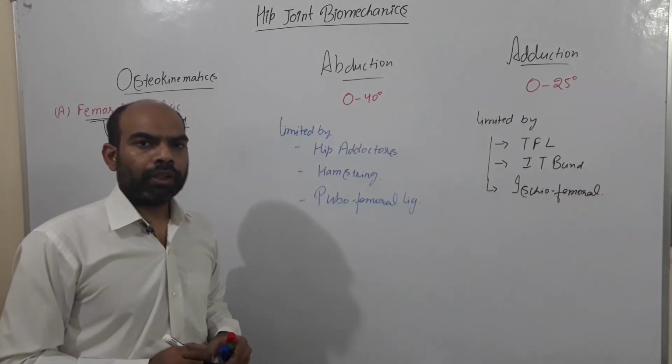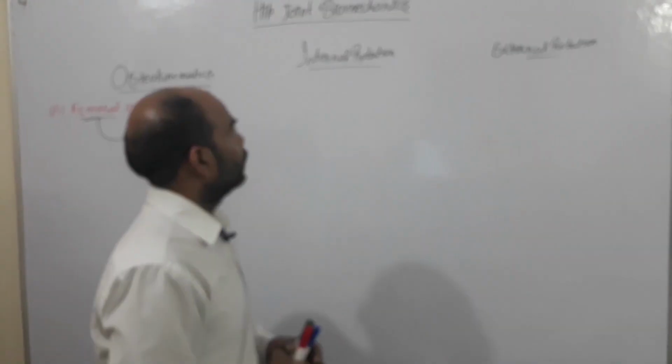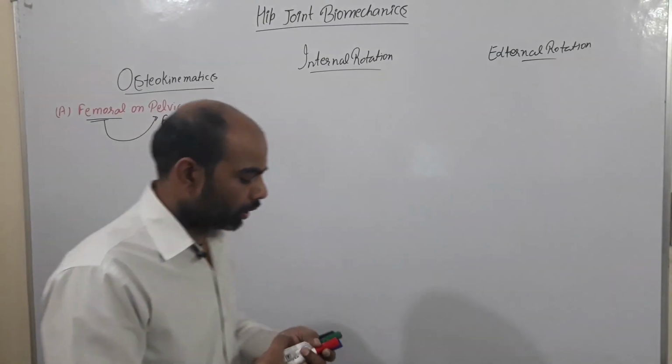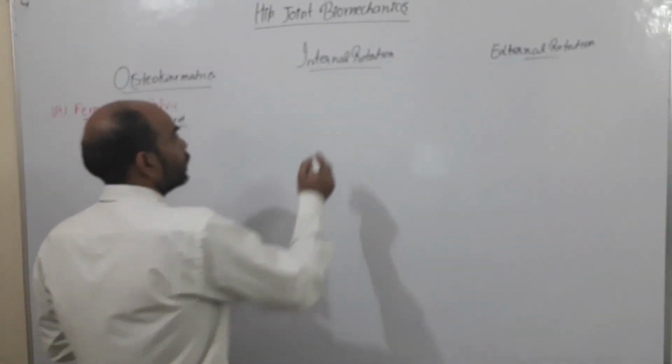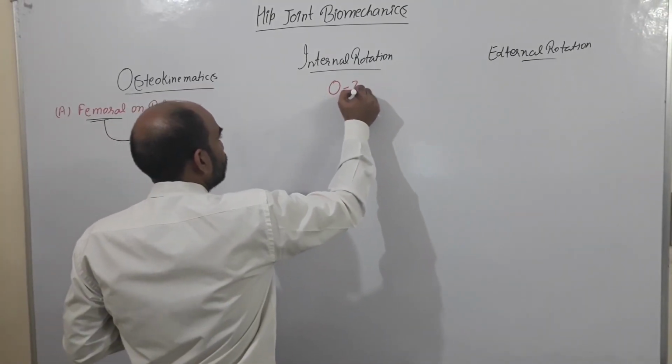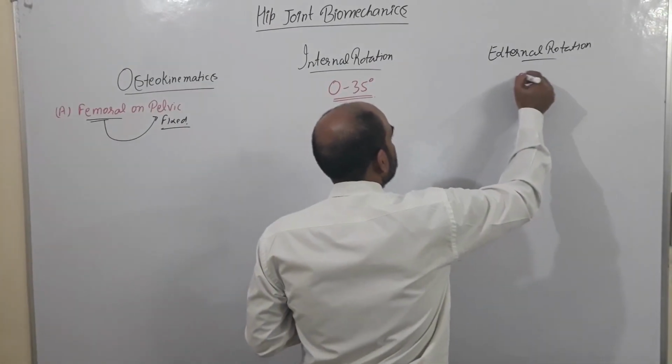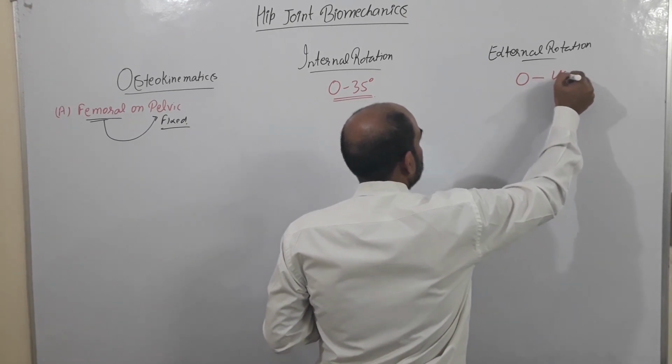Now move on to internal and external rotation. Hip internal rotation and external rotation. Internal rotation range of motion is around 0 to 35 degree and external rotation range of motion is always greater than internal rotation, so its range of motion is 0 to 45 degree.